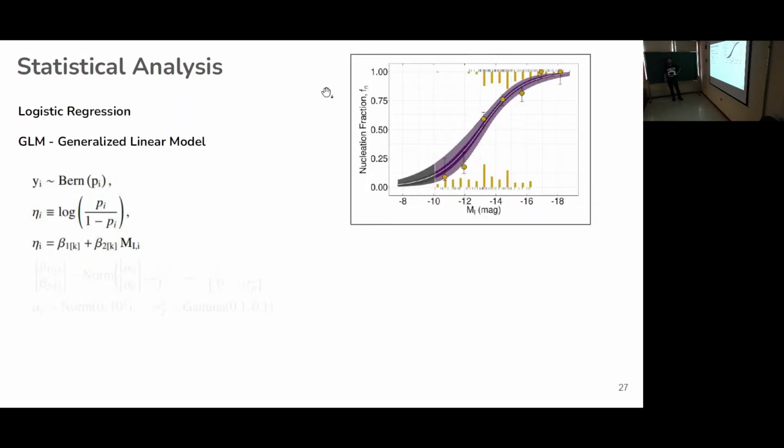So to briefly explain what logistic regression is, it is a part of what is called a generalized linear model, which is basically a way to take a distribution of probabilities that is not linear and linearize it in a way that you can fit its parameters with the common methods we regularly use.